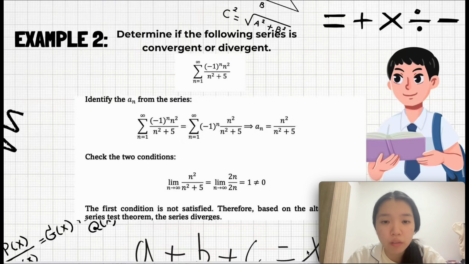The limit of a_n as n approaches infinity equals 1, which is not 0. Since the first condition is false, we do not need to check the second rule. This series does not meet the test requirements, so it is divergent.